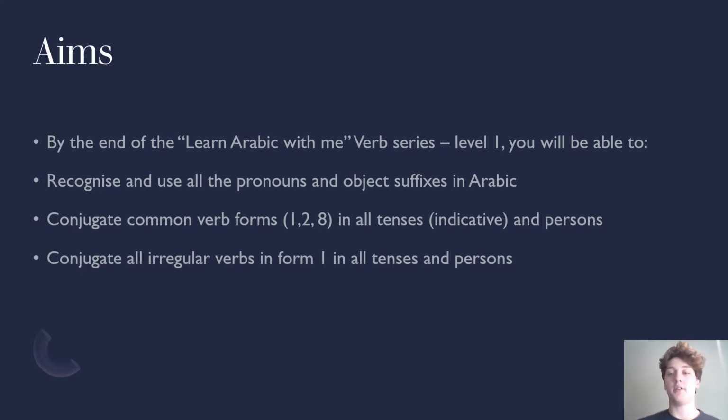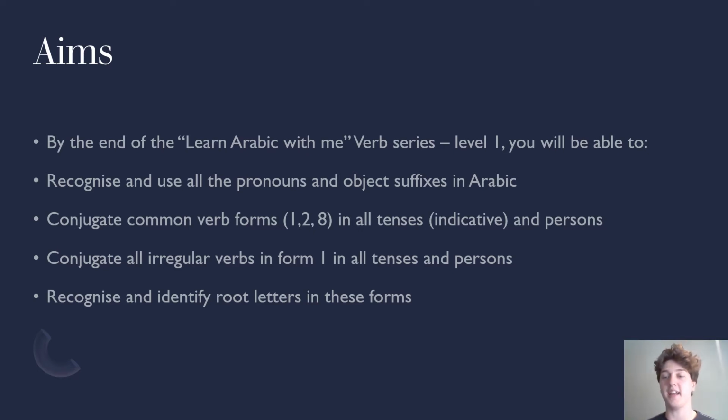I also hope that you'll be able to recognise and identify root letters in these forms. And if any of this you don't understand now, that's why they're aims for the end of this level. Just bear with me and I'll take you through it all.